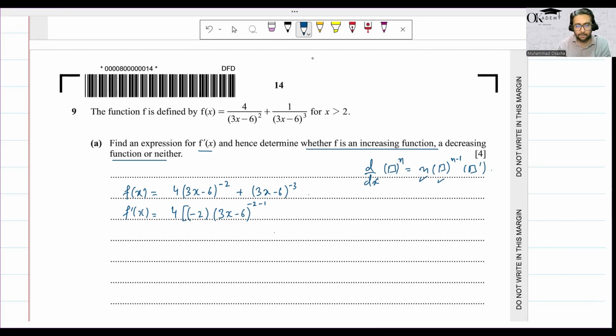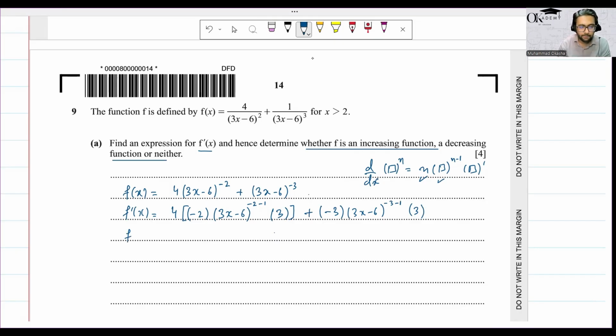And then the box prime, which means 3, well, the derivative of 3x minus 6 would just be 3. Same thing would happen over here: negative 3, 3x minus 6 to the power negative 3 minus 1, and the derivative of the box is just going to be 3.